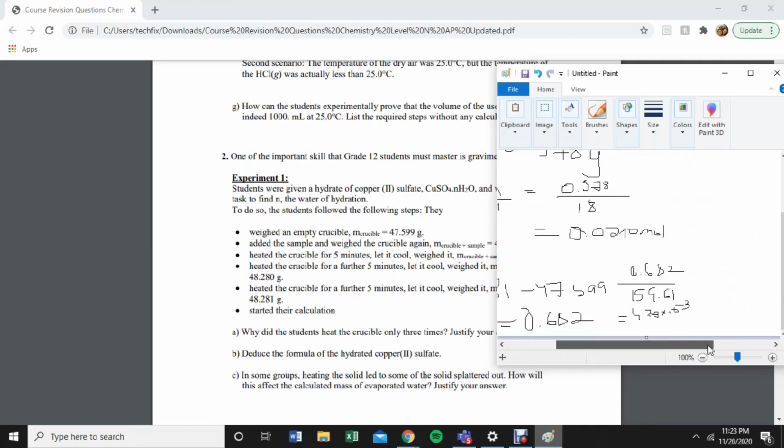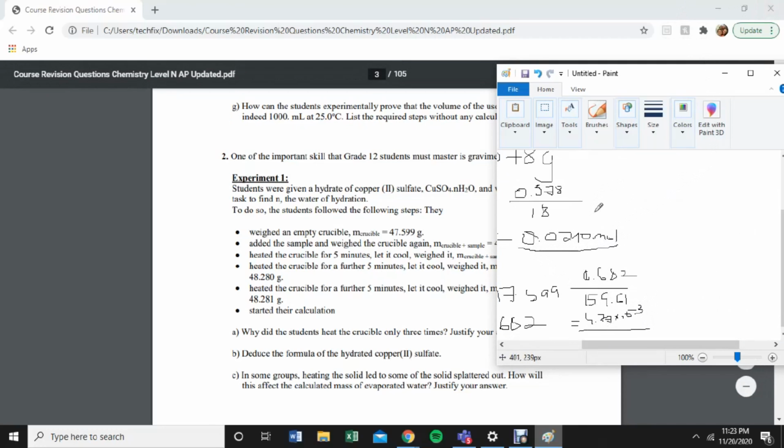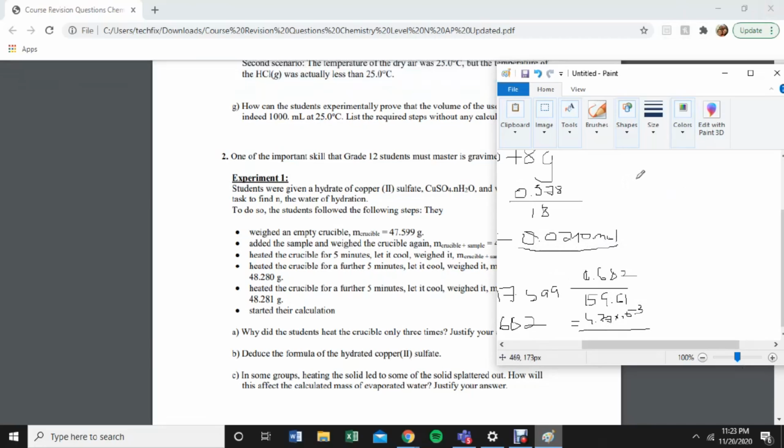Okay? So this is the number of moles of CuSO4. This is the number of moles of H2O. So then you do the mole ratio: number of moles of H2O over number of moles of CuSO4. So you do 0.021 over 4.27 times 10 to the minus 3.